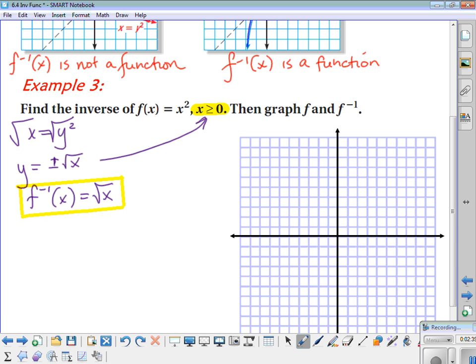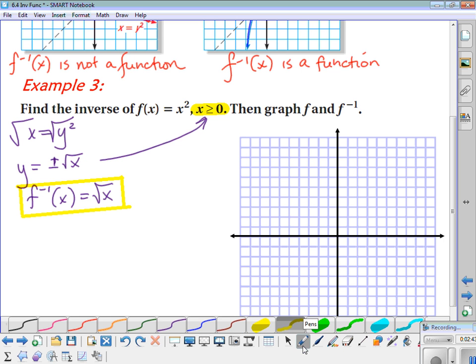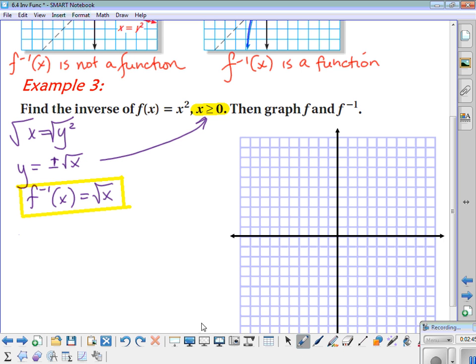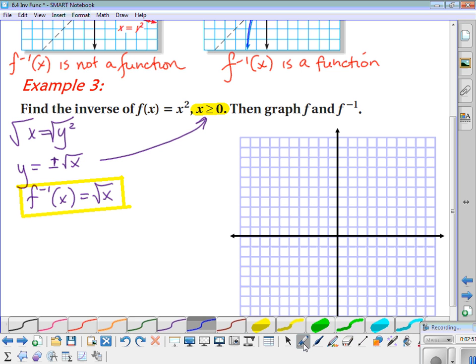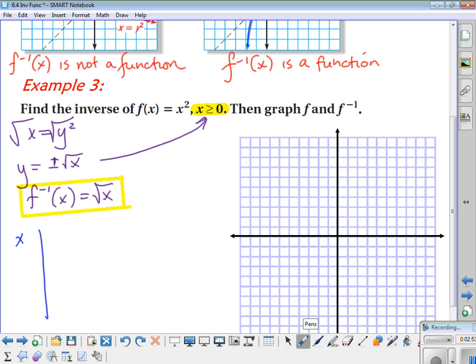So now I'm going to make a table for each of them and graph them on the same graph. So first I'll do the original function. Make a table here. Okay, so right now I'm looking at f of x equals x squared. So if I plug in a 0 for x, what's 0 squared? 0. If I plug in a 1 for x, what's 1 squared? 1.